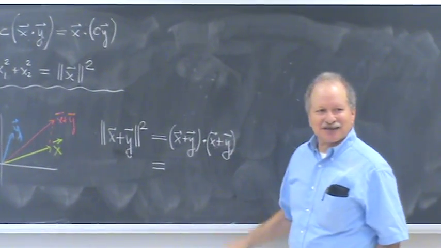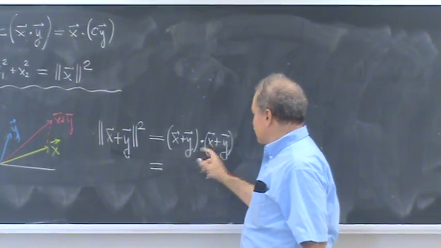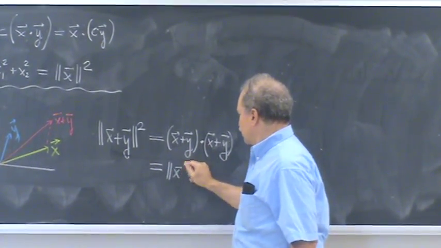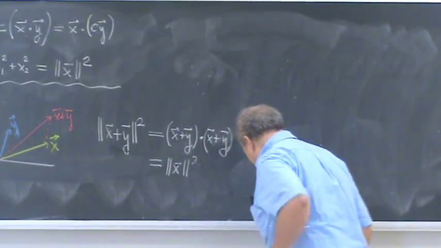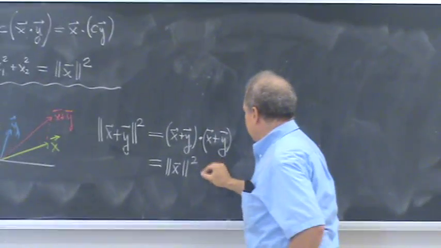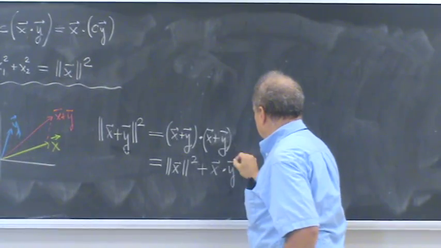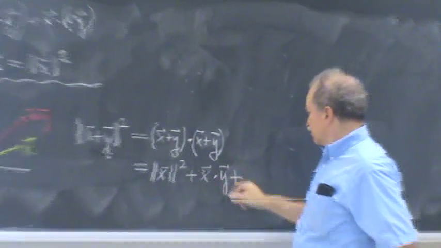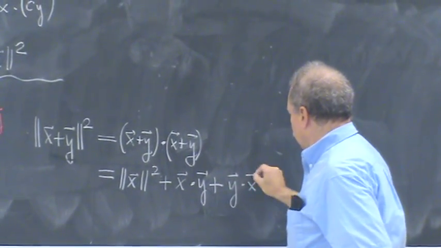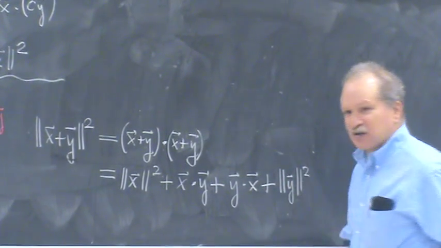So if you distribute out, you get 4 terms, right? x dot x, which is magnitude of x squared, plus x dot y, plus y dot x, plus y dot y, which is magnitude of y squared.